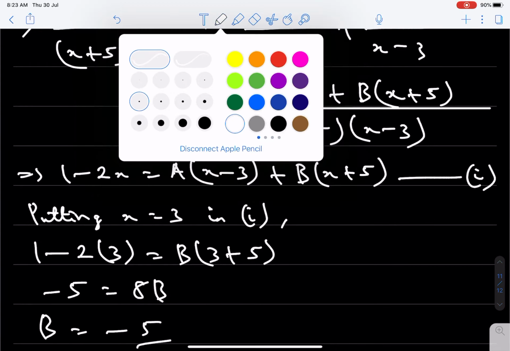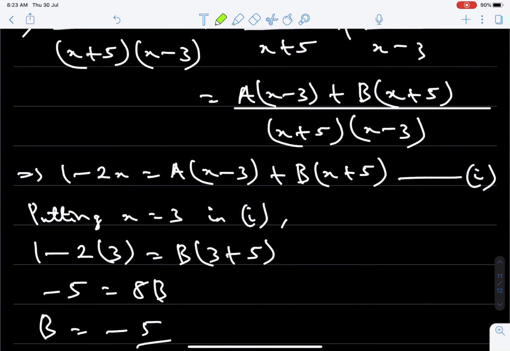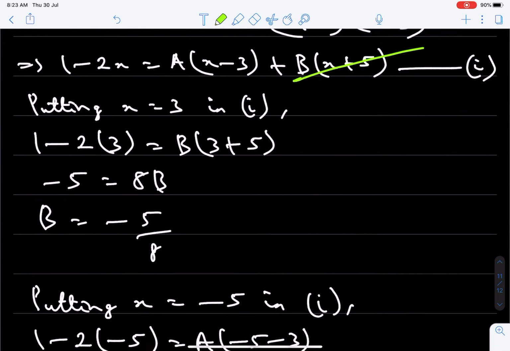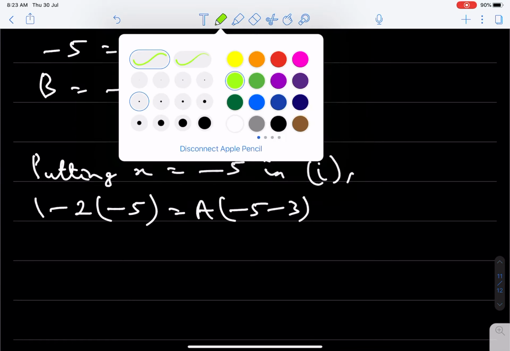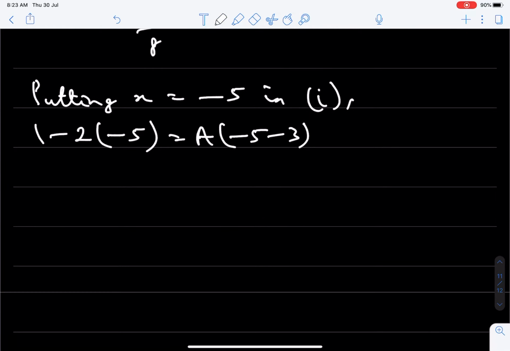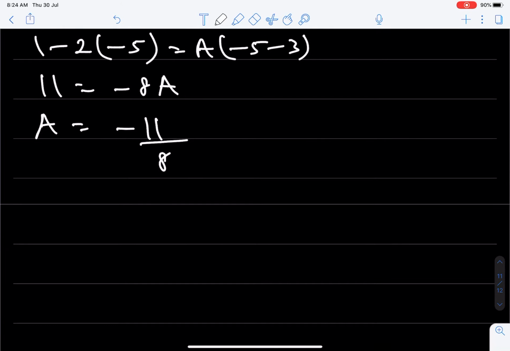If you put x equals minus 5 in equation 1, b will be out and you'll be left with a. So that's 1 minus 2 times minus 5 equals a times minus 5 minus 3, which means 1 plus 10, and that's 11 equals minus 8a. And a is therefore minus 11 over 8 if you divide both sides by minus 8.